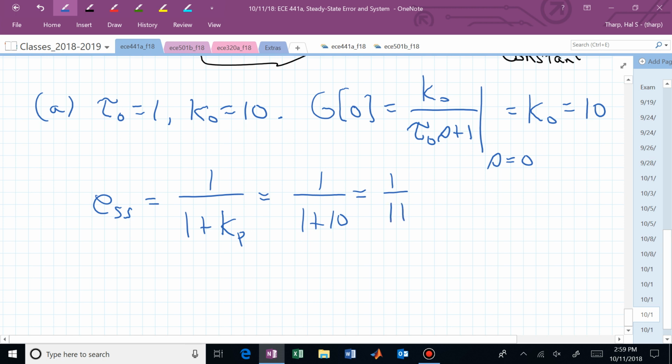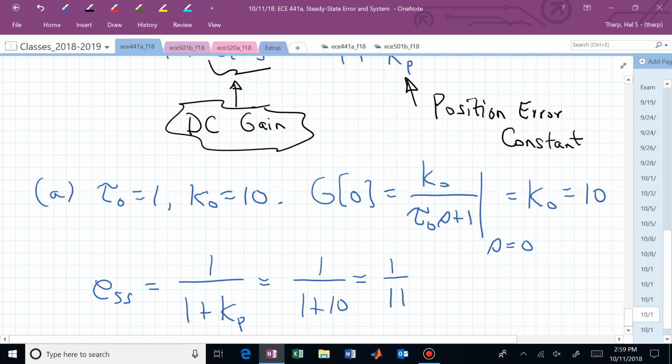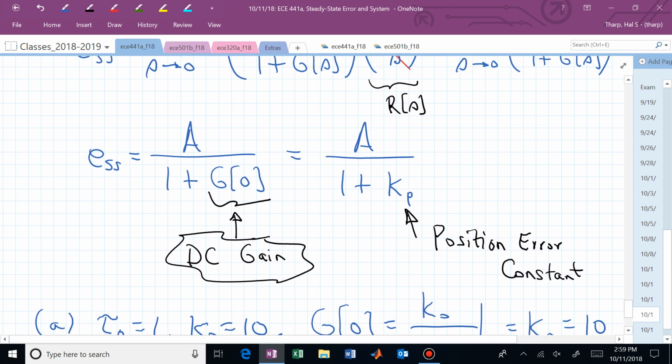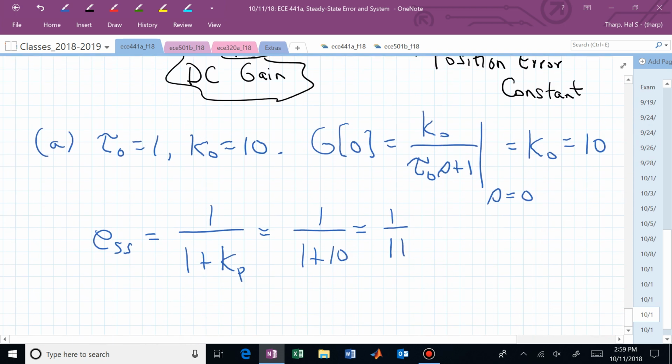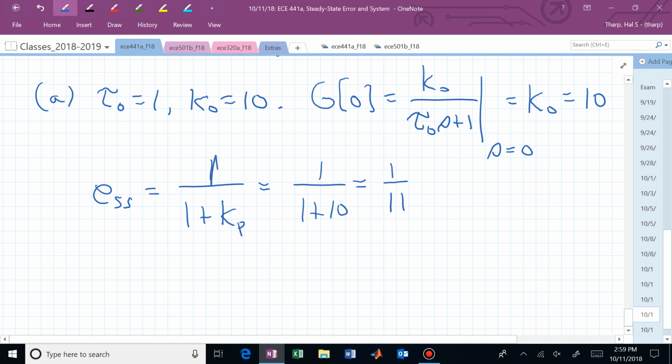We now have a steady state error due to a constant, and now maybe what I've forgotten is this A for our input amplitude.